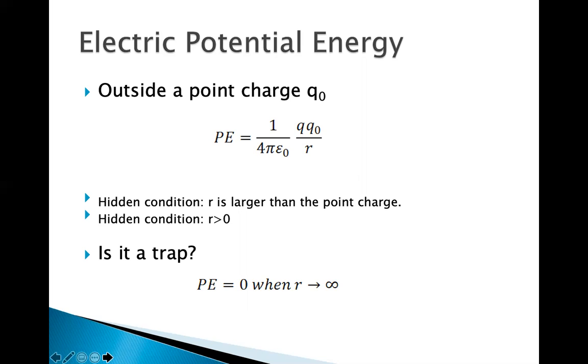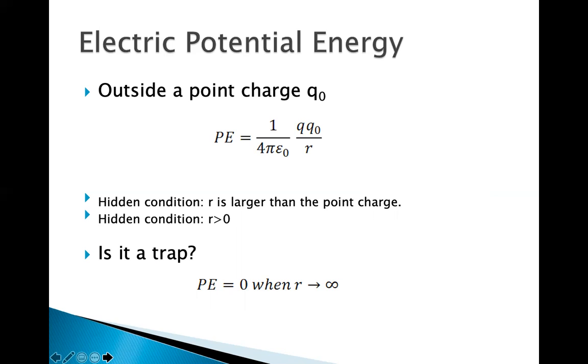Here, there are three different scenarios. If both charges are positive, then the potential energy is positive, and it will push the two charges away from each other until they reach infinity. When they are both negative, the potential energy is also positive, and two negative charges also push each other. The potential energy will keep decreasing until it becomes zero at infinity.